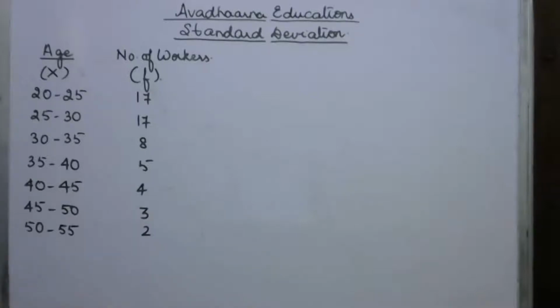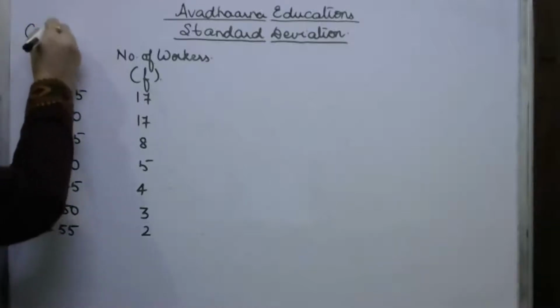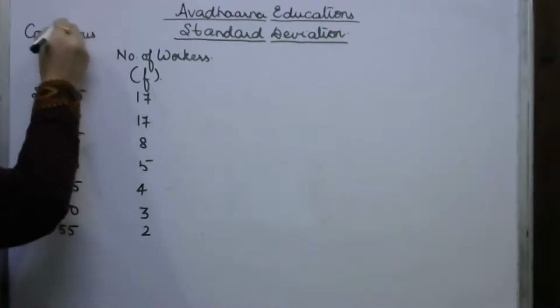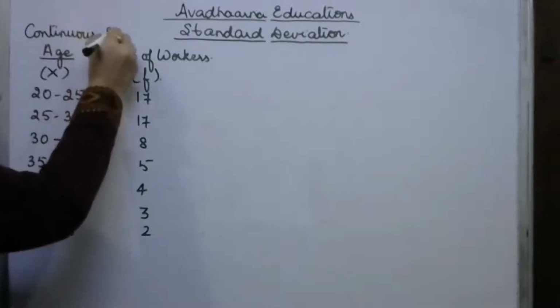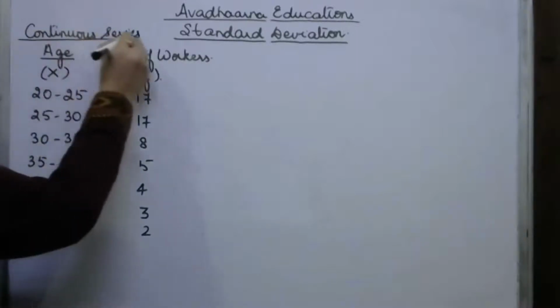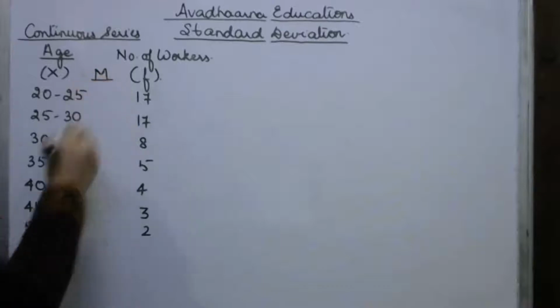Now since it's a continuous series, the first step is to calculate the mid values of the class intervals. We'll find the midpoints or mid values m of these class intervals.